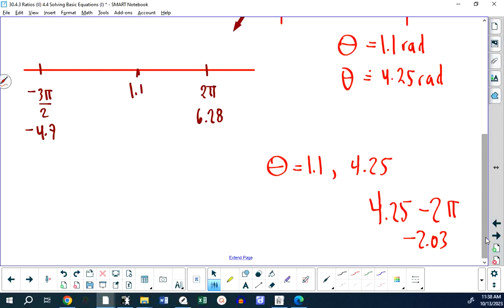Negative 2.03 is someplace over here. So we add it to our list of solutions. If I subtract 2 pi again, is it clear that I will be past negative 4.7 in the leftward direction? These are my solutions. Anytime you get this awkward domain, you have to do that. You don't have to. I'm recommending it.